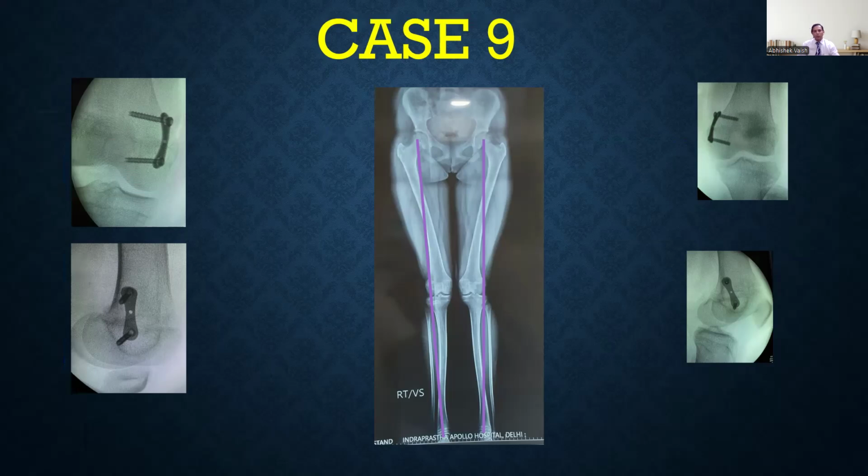Once we achieve a full correction, this has to be removed. Sometimes patients just forget about these and don't come to us, and then in those cases we get a reverse deformity. Instead of knock knees, he may come to us with bow legs. So it is very important to have these patients come back to you for follow up regularly.